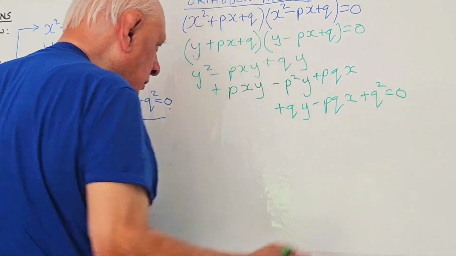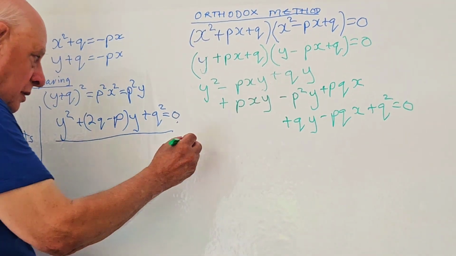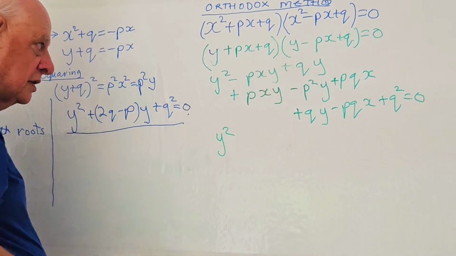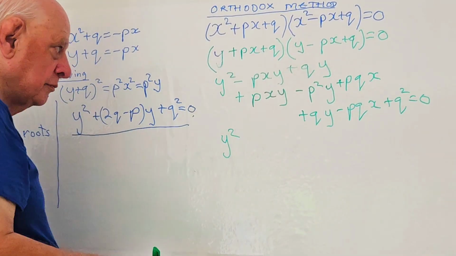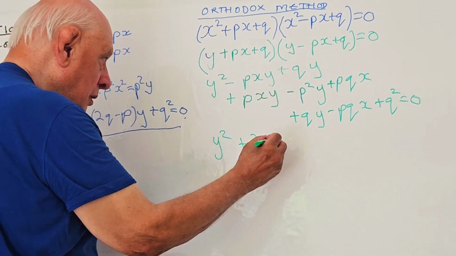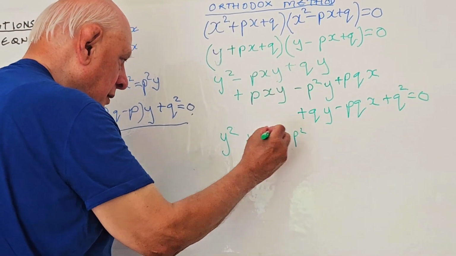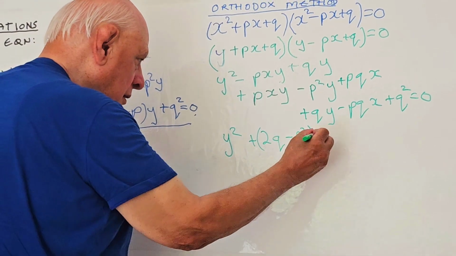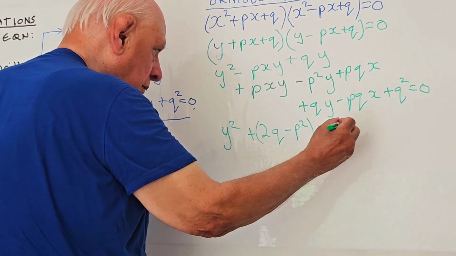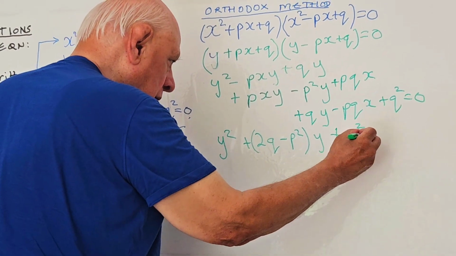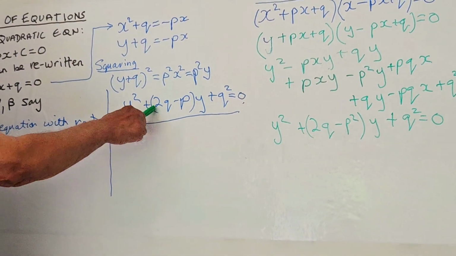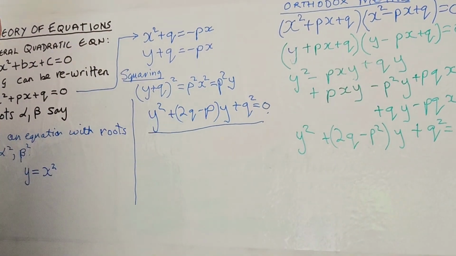That's equal to 0. Well, let's tidy all that up. Get y squared. These terms drop out. The y term will be 2q minus p squared y. These drop out, and you've got q squared equals 0, which I hope you can see is exactly what we had over here.